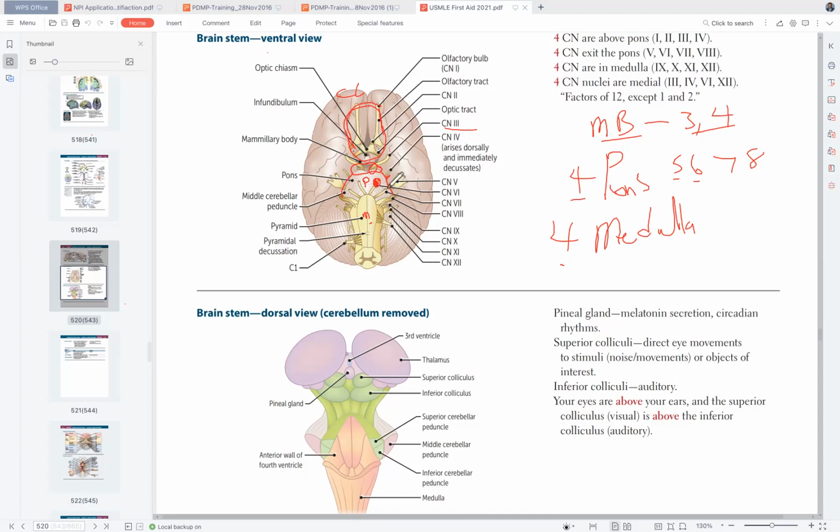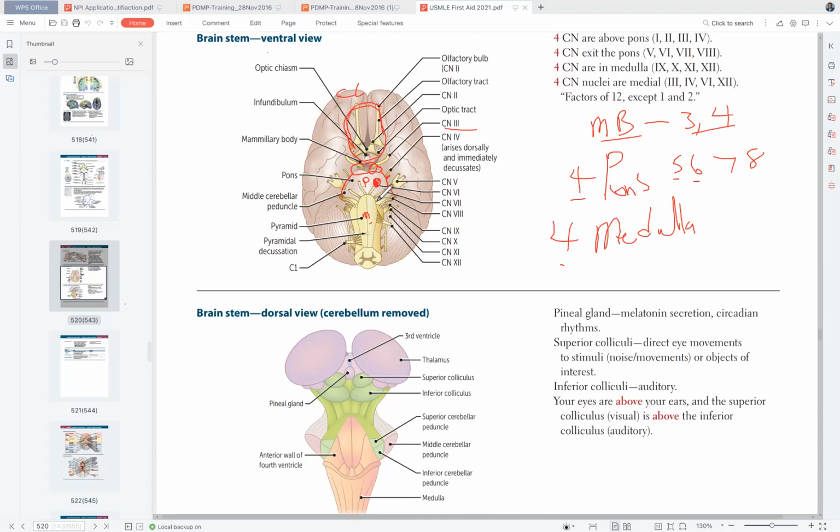But you see that this 5 is coming from the pons, but it's more superior. If you look, it comes from the junction of the midbrain and the pons, whereas 6, 7, 8 are coming from the junction of the pons and medulla.